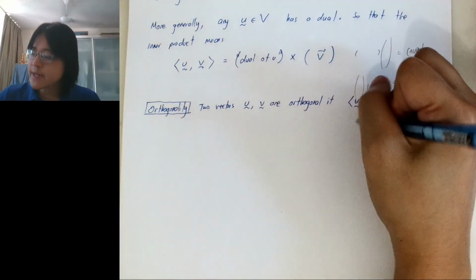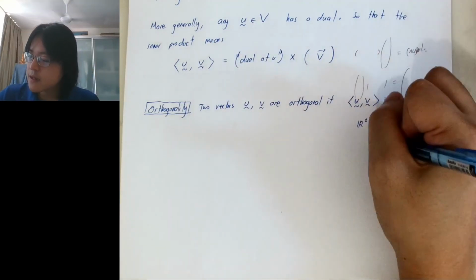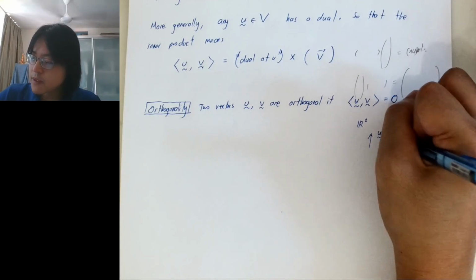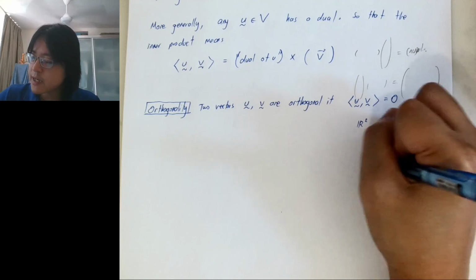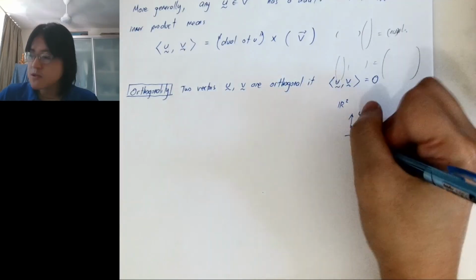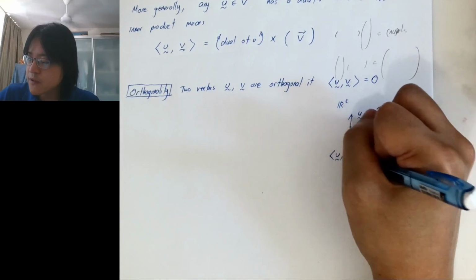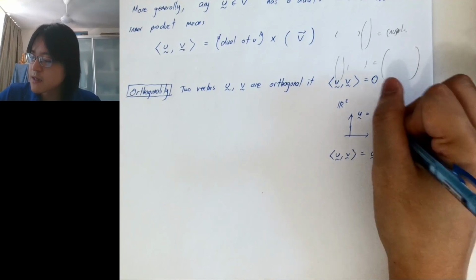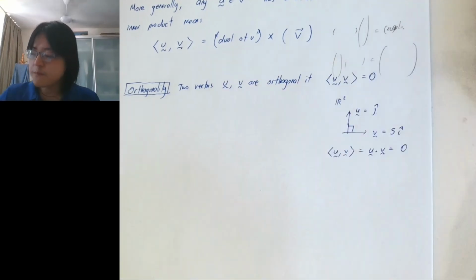Okay, so if we take the R2 example, let's say I have one vector u pointing in the j direction, and then v pointing, let's say, 5i. In this example, u dot v is 0, right? Because they are perpendicular.